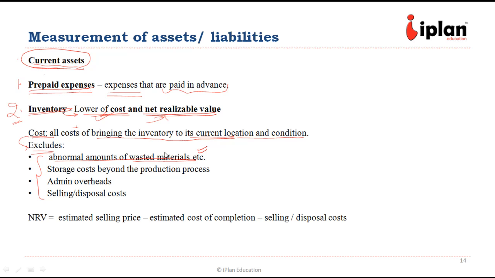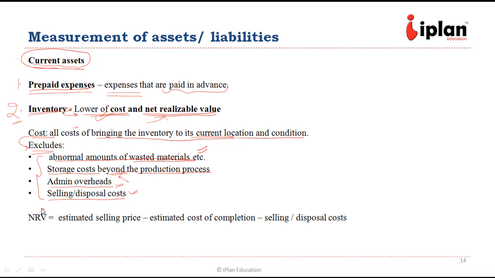If it is more than the usual wastages, then it should be ignored. It should not be a part of the cost in the inventory. Storage cost beyond production process, that has to be excluded. Then admin overheads and selling and disposal cost. So these should not form the part of inventory cost.